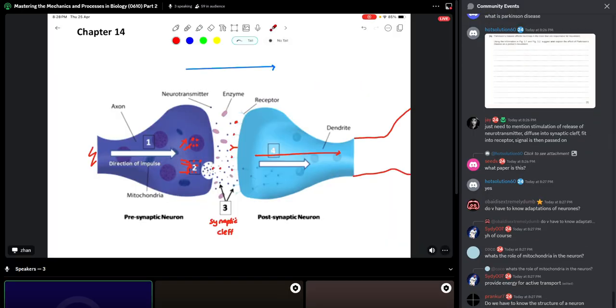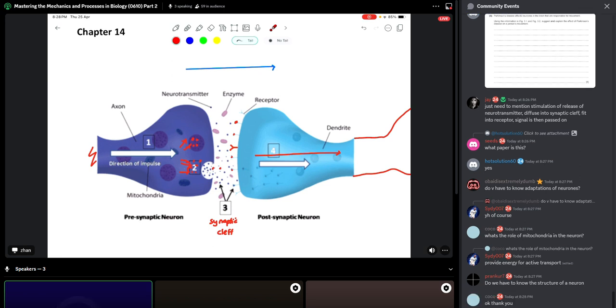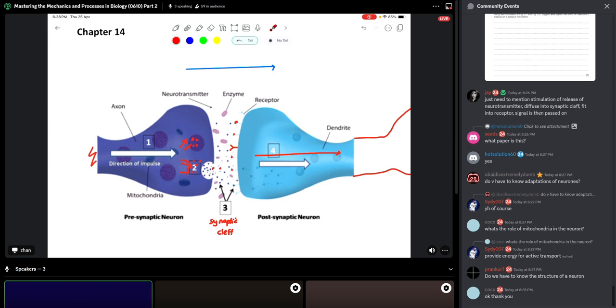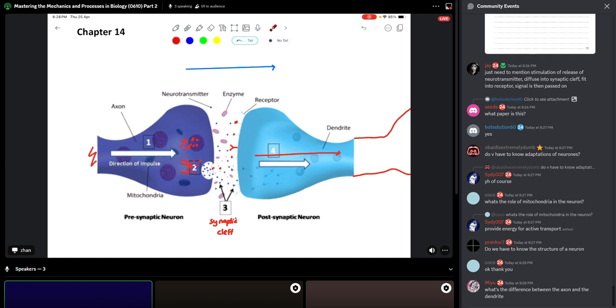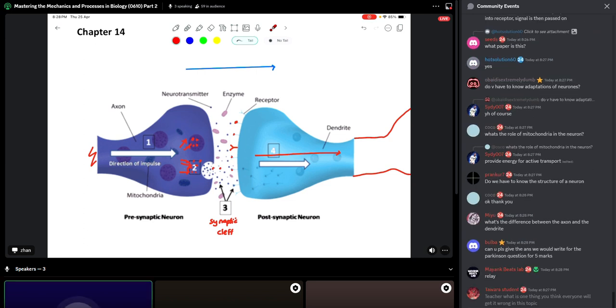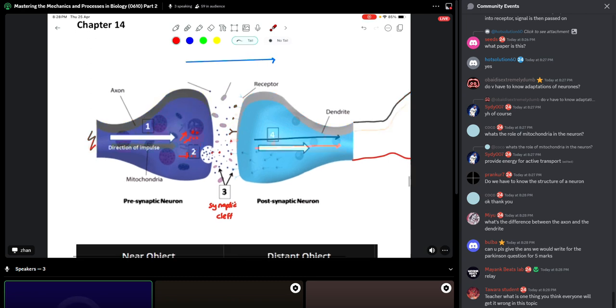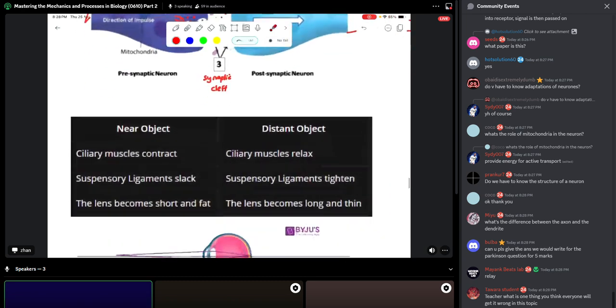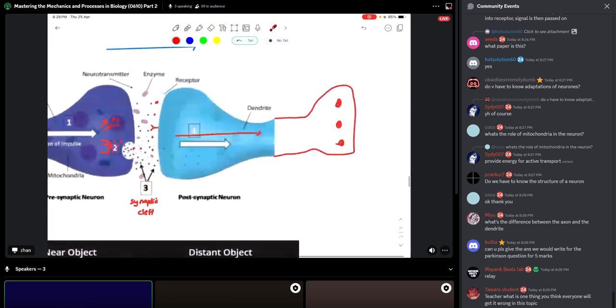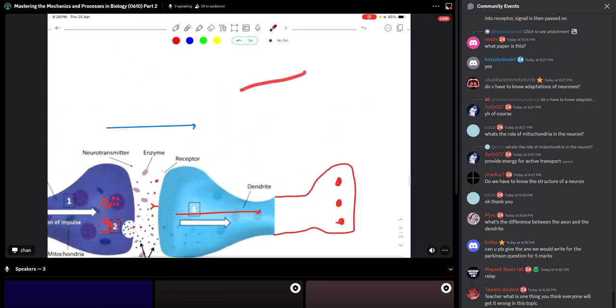Do we need to know the structure of a neuron? Yes, a basic one can already. The key structures that you have to know are the motor neuron, the sensory neuron, and the relay neuron. But typically, this kind of question is just what's the difference between the axon and the dendrite? If I'm not mistaken, the axon is something like this.